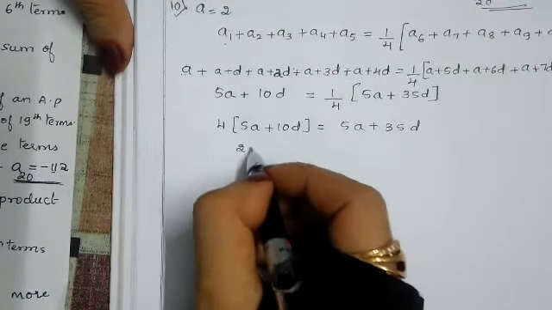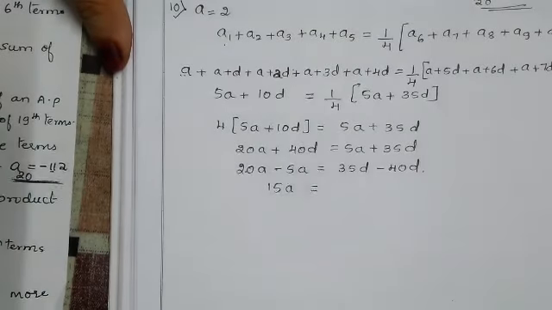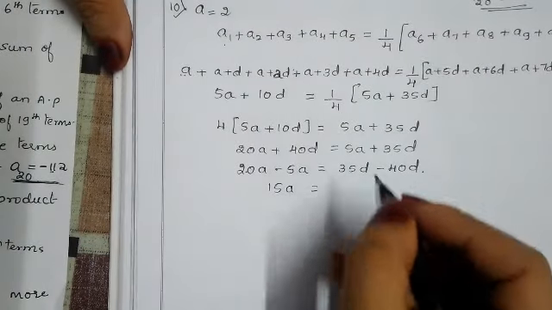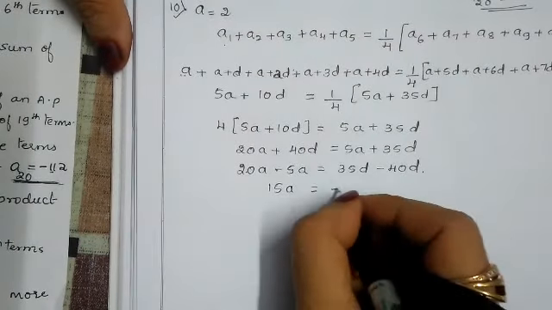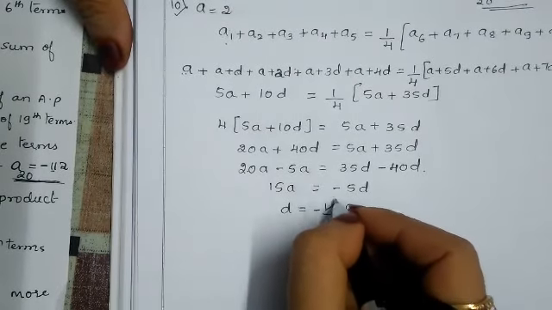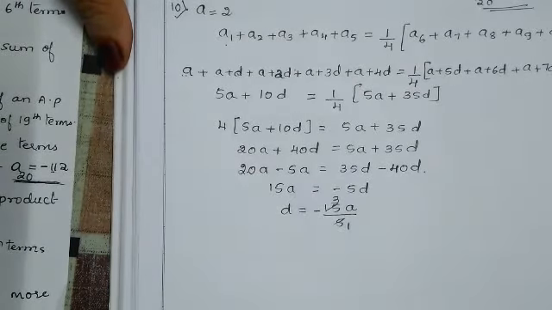20 minus 5, 15A is equal to 35 minus 40, minus 5D. Why minus? Because the greater number is 40. So D is equal to 15A by 5. 5 ones are 5, 5 threes are 15. What we got? D is equal to 3A.